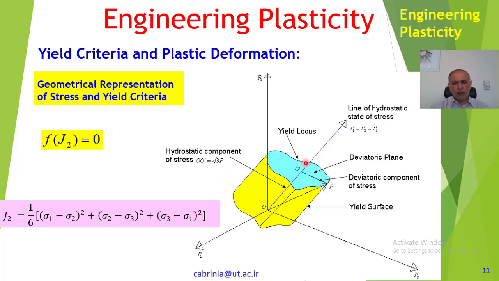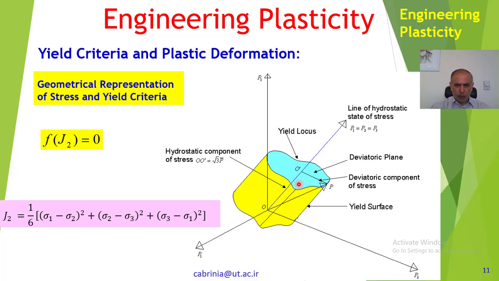It's because in our yield criteria we said that the hydrostatic state of stress does not have any effect on the yield point, on the yield value, on the yield function. This graphical representation shows exactly that.